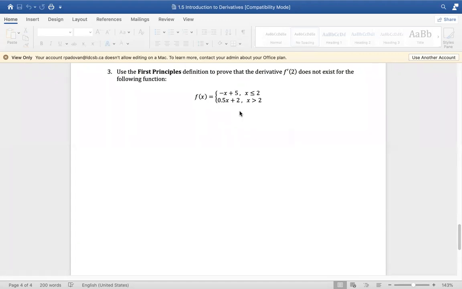So in order for something to not exist, it either needs to be discontinuous, right? At that point, not the whole entire graph function, but at that point, or it's continuous and there's either a corner or a cusp happening.